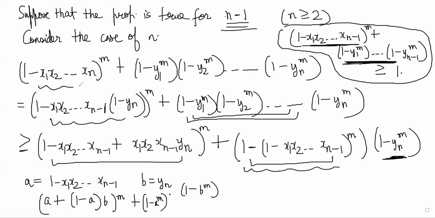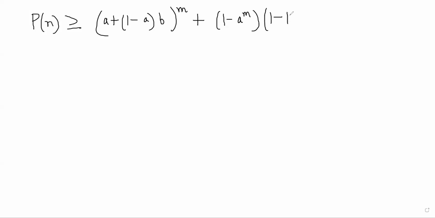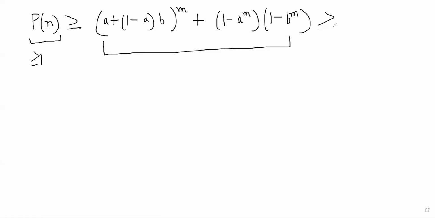So we have our original expression is bigger than this, right? So what we have is the proposition P of n is bigger than (A plus (1 minus A)B) whole power m plus (1 minus A) to the power m, (1 minus B) to the power m. And we need to show that this whole thing is greater than or equal to 1. So it will be sufficient to show that this thing is greater than or equal to 1, right? If we can prove this, we are already done, right?